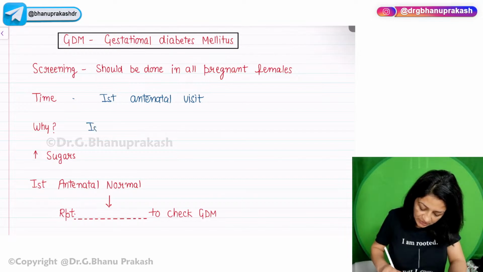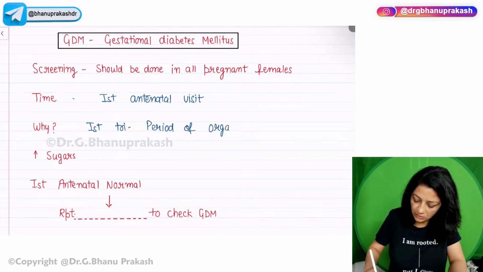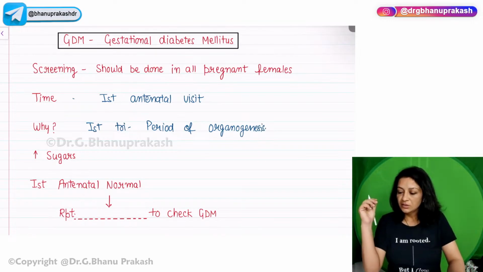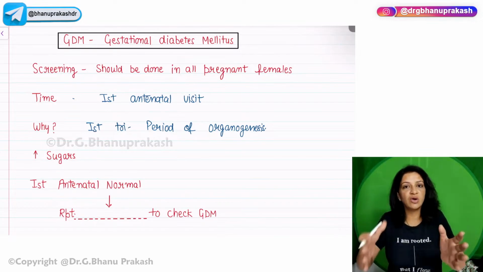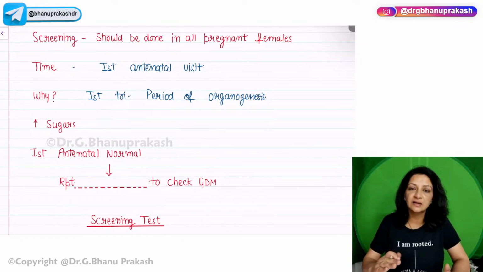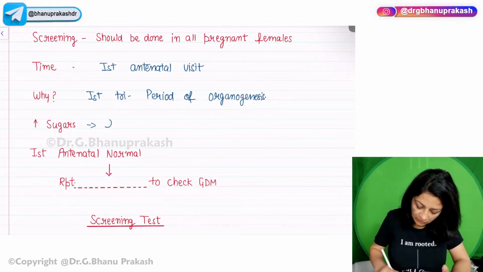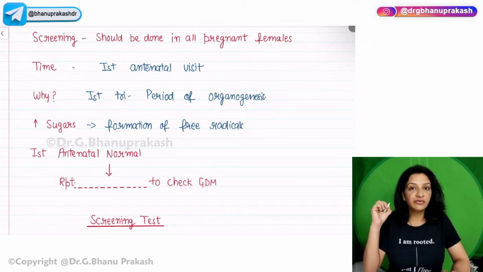Because first trimester is the period of organogenesis. फर्स्ट ट्राइमेस्टर में जो fetus के organs हैं वो बनने start हो जाएंगे. So अगर first trimester में sugars high रही, then formation of free radicals. और ये free radicals क्या करेंगे?